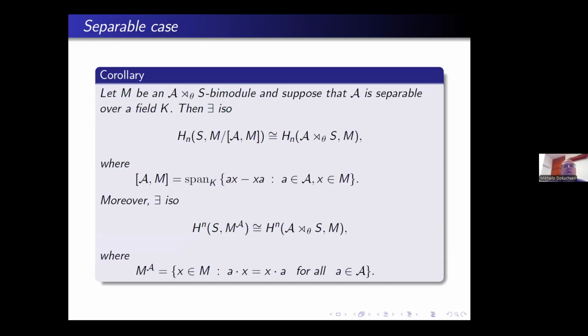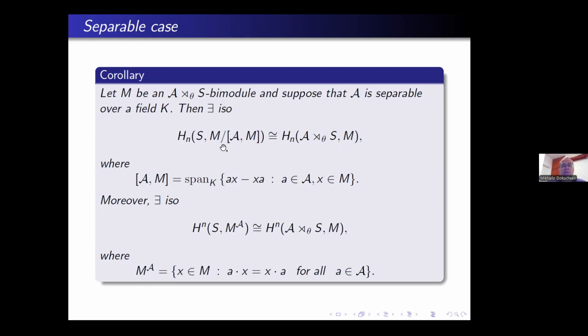Okay. Now, the separable case you mentioned. The separable case collapses, and the flatness condition is guaranteed in the separable case also. So the spectral sequence collapses on the p-axis. So we have an isomorphism: the Hochschild homology is isomorphic to the homology of S with values in the module of coinvariants.